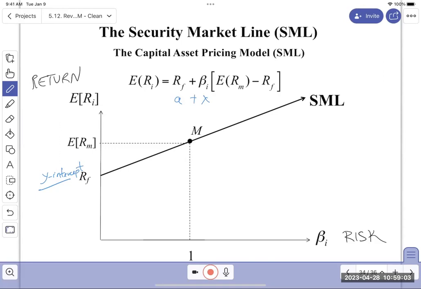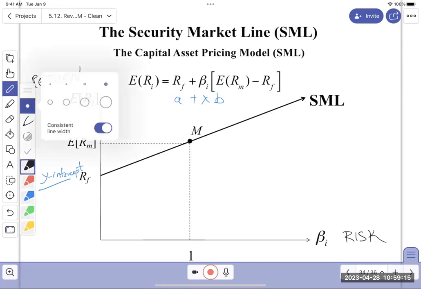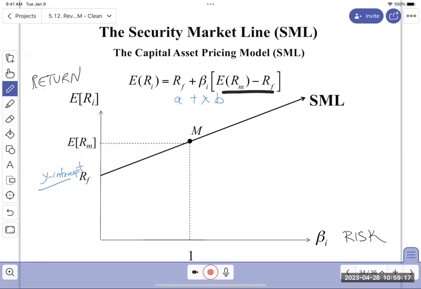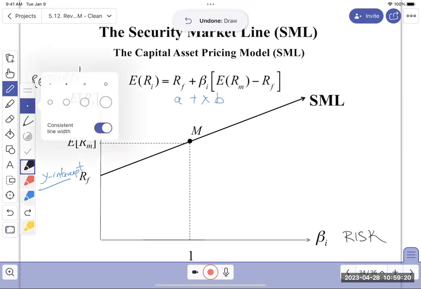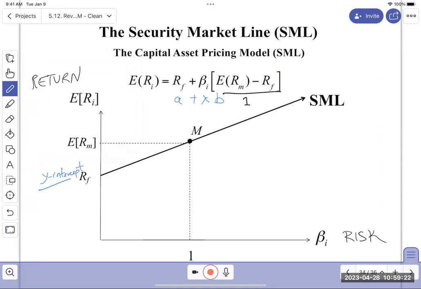So it means that this term must be the B. So this term, the market risk premium, is the B. It's the slope. So for a 1 unit change in the beta, the expected return needs to change by the market risk premium.